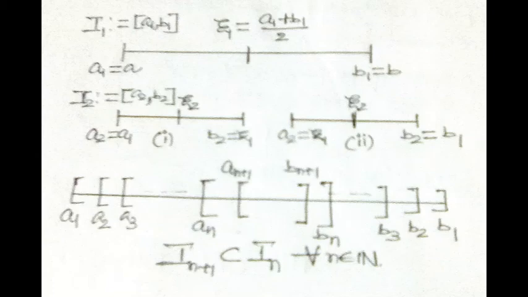And according to the nested interval property, we know that in the nth subinterval there exists some unique point, so that the limit of an will be alpha and the limit of bn will be alpha, and f of an will be negative and f of bn will be positive according to our assumption. So this is the basic idea of the Bolzano theorem.